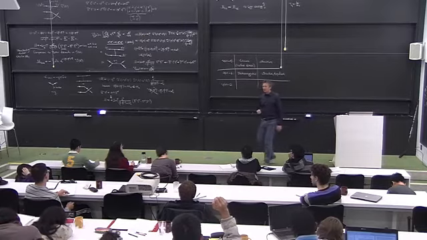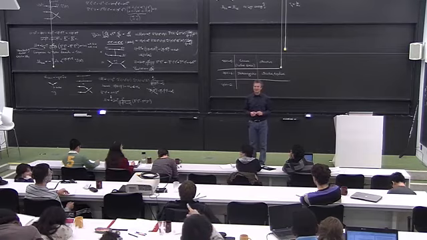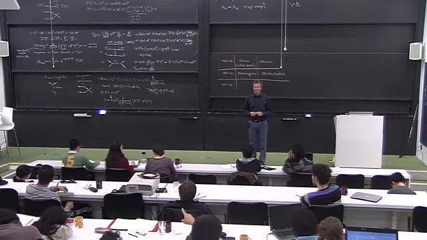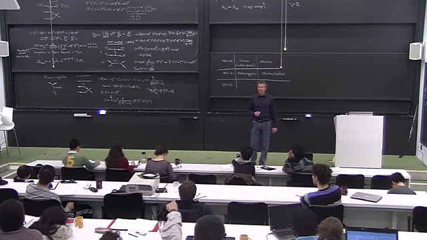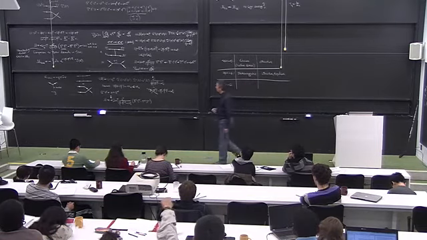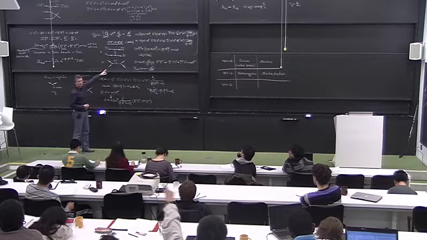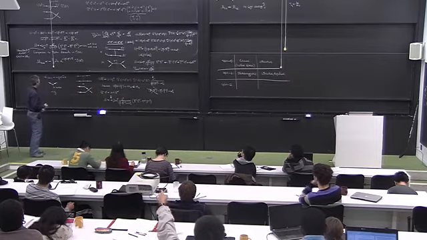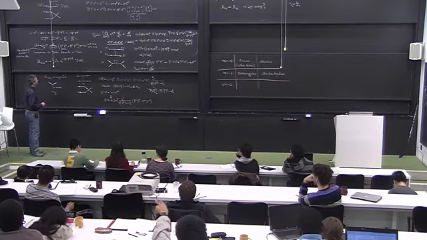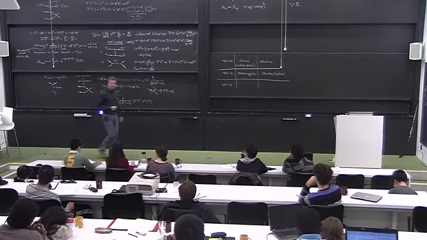Yes? Just let me finish. In the case of the Coulomb interaction, what happens if the momentum of the two incoming electrons is the same? Oh, the amplitude will become infinite.